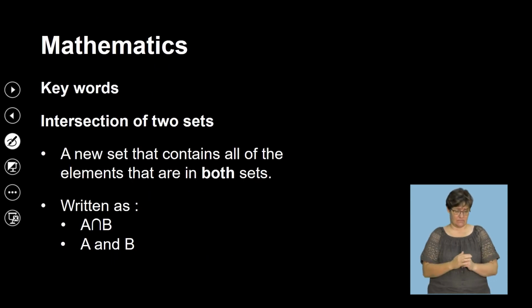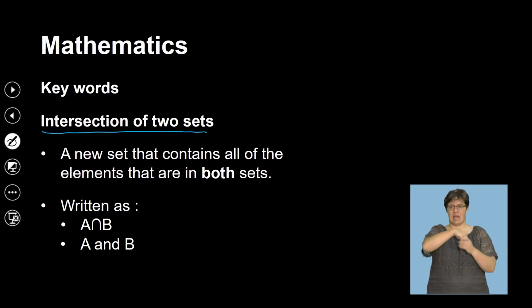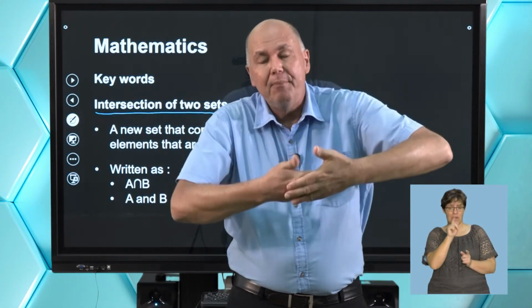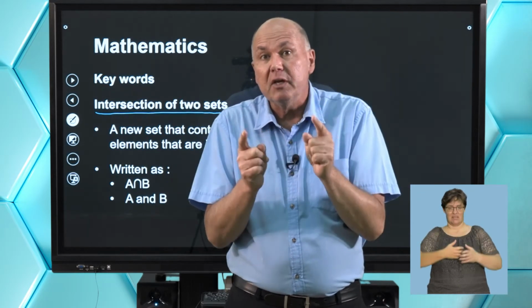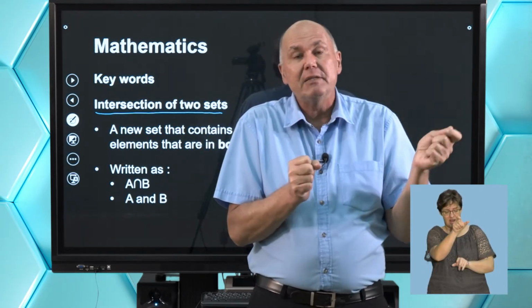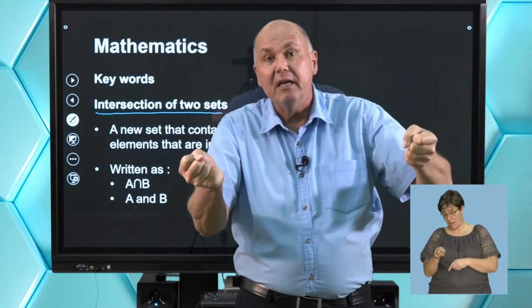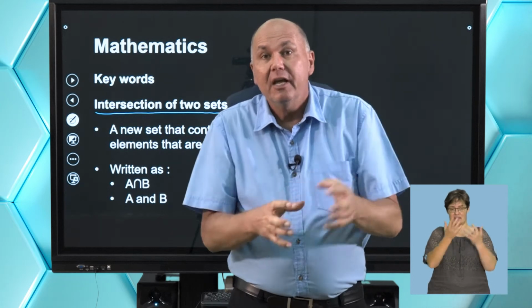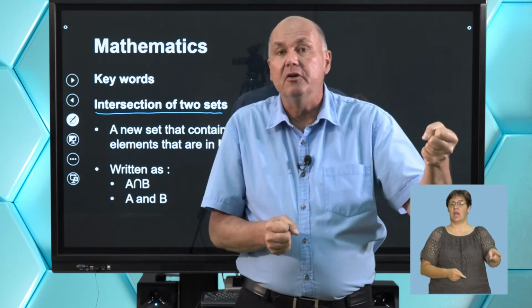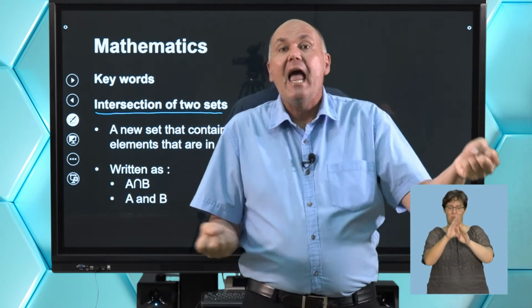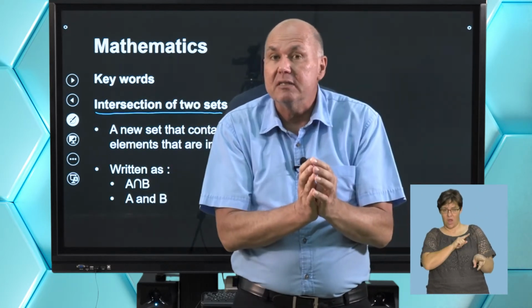So right from the beginning, let's talk about intersection of two sets. So if we have an intersection, well, that means that they overlap in some way. It also means that an element must be in set A and in set B if it's part of the intersection. It just can't be in A on its own. It can't be B on its own. It has to be in A and B if it belongs to the intersection.